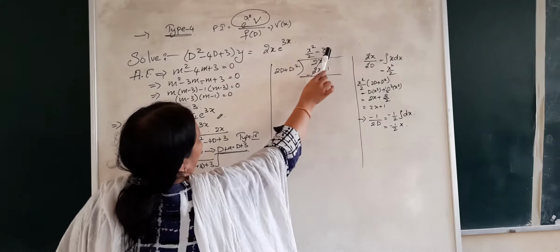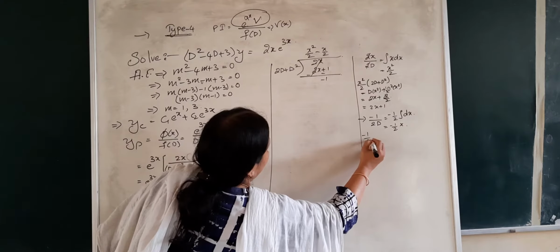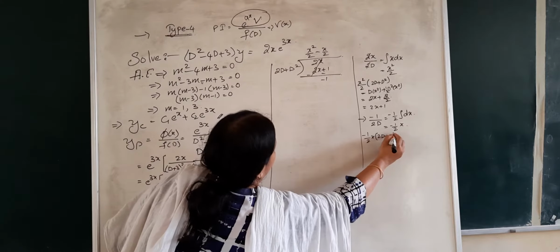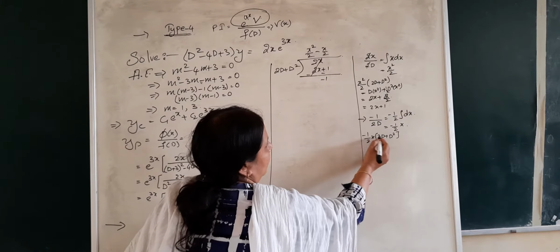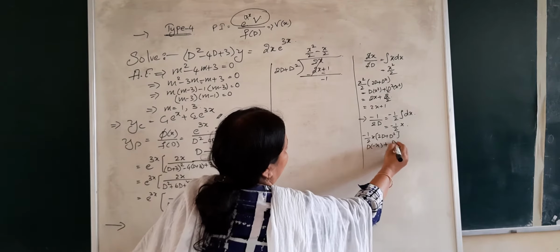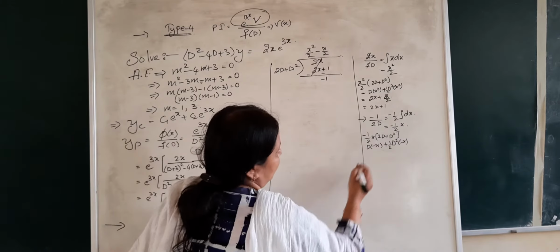Now multiplying minus x by 2 with these two terms, what do we get? Minus 1 by 2 x times 2D plus D square. The 2 gets cut: the derivative of minus x plus the second derivative of minus x.